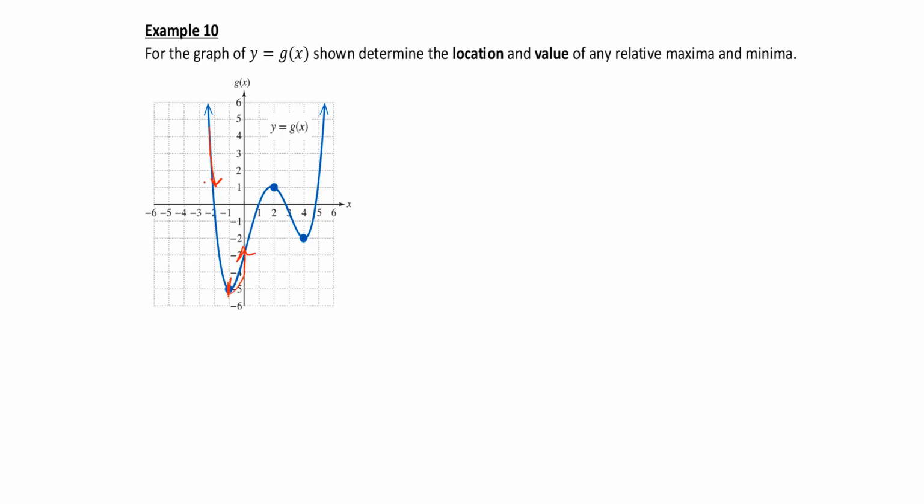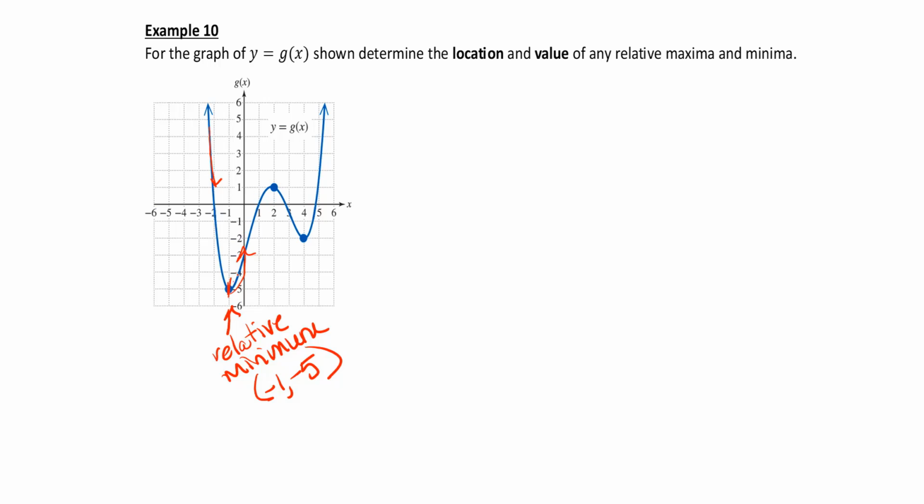And so a place where the function is decreasing and then it starts increasing is going to be a relative minimum. So it comes down, and as soon as it gets ready to go back up again, that's where you're going to have a relative minimum. So this function has a relative minimum at x equals -1. -1, -5 is a relative minimum for this function.